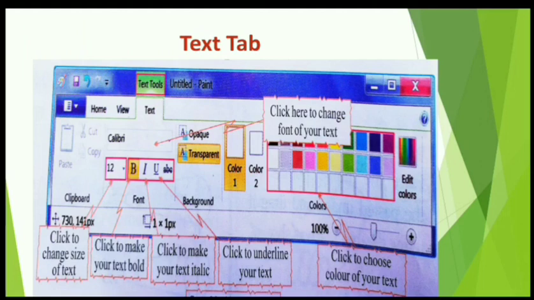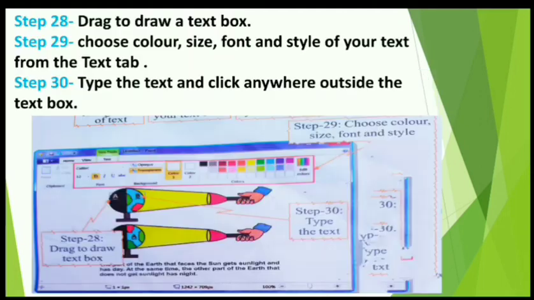Means if you draw a text box, at that time you can see in that text tab the font size, bold option, so many options are here. Click here to change the font of your text, click to change the size of the text, click to make your text bold, click to make your text italic, click to underline your text, click to choose the color of your text. So many options in the text tab.